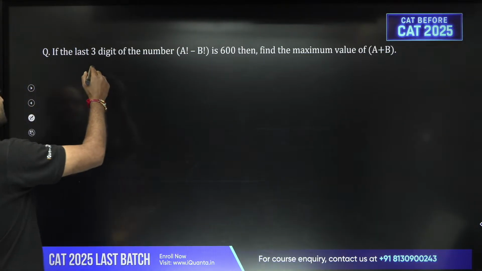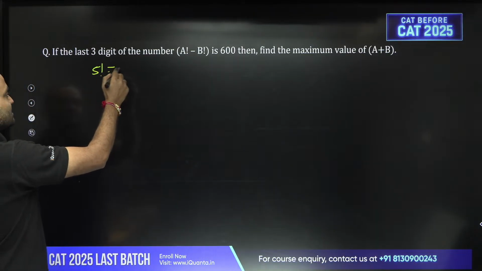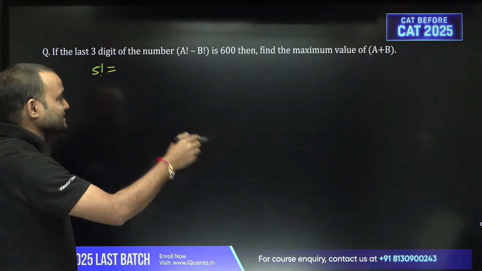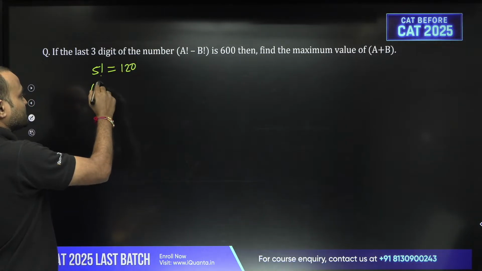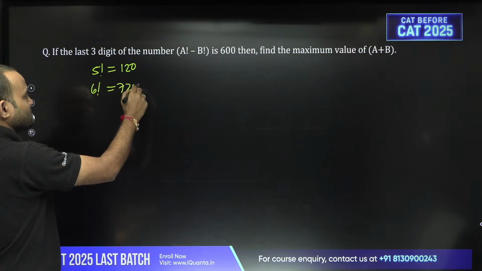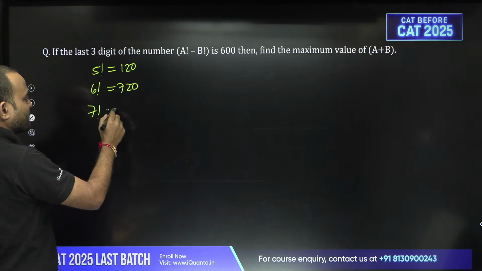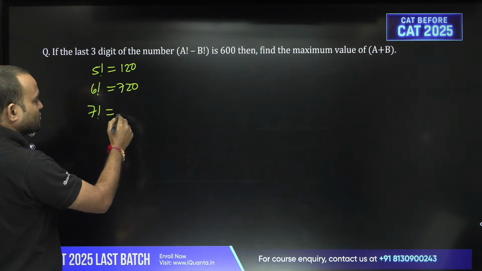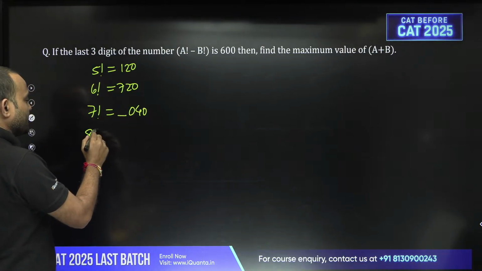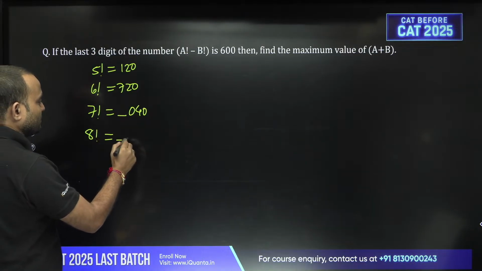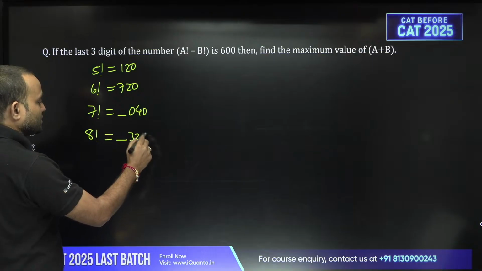See, 5 factorial, 6 factorial, last 3 digits. We are talking about the last 3 digits. So this will be 120 in case of 6 factorial, 720 in case of 7 factorial. For 8 factorial it will be 040. 9 factorial, last 3 digits will be 320.